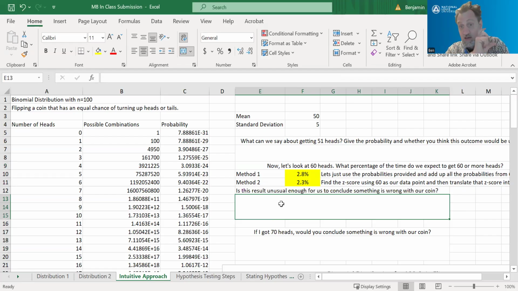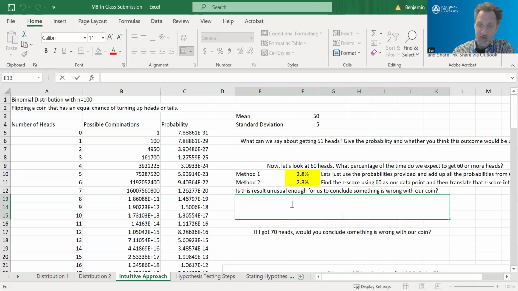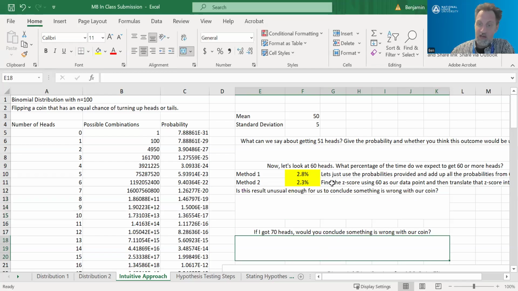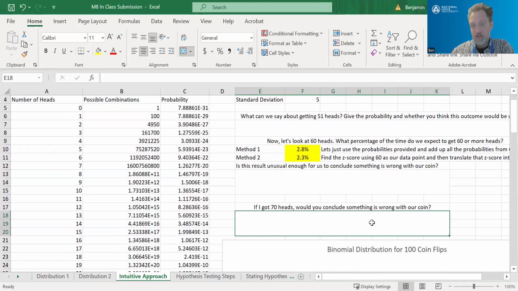It's a 20 flip difference between how many heads and tails you got, and so I'm starting to maybe ask questions about whether my coin is actually fair. This is an opinion question, and you can have feelings about it one way or the other. Then I'm going to ask you to go up to 70 and answer the same question.